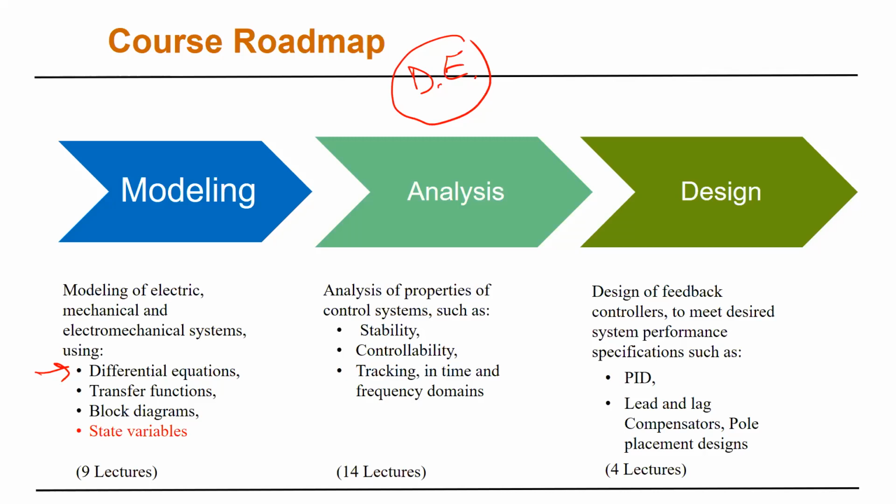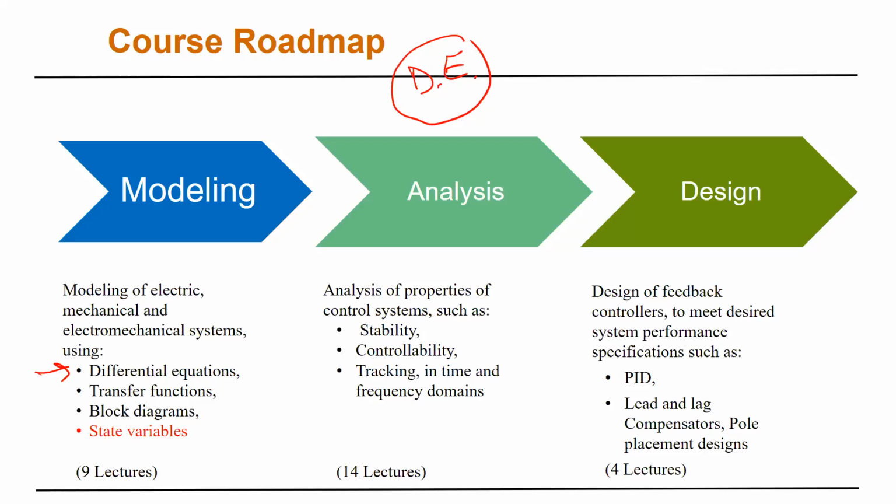Okay, now in the differential equation model, what will be the order of the differential equation? It depends on how many energy storage elements we have. For example, suppose I have 2 capacitors and 3 inductors, what will be the order of the system?